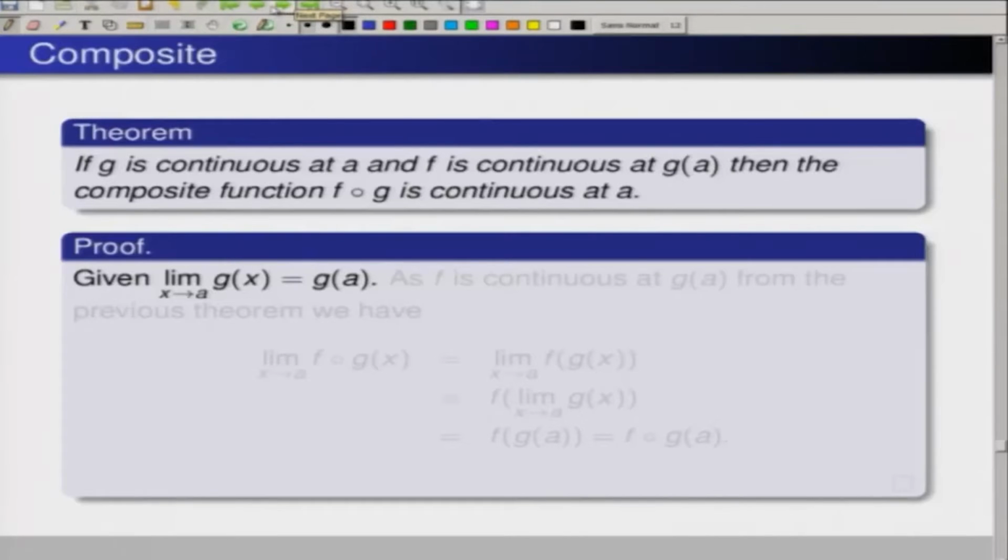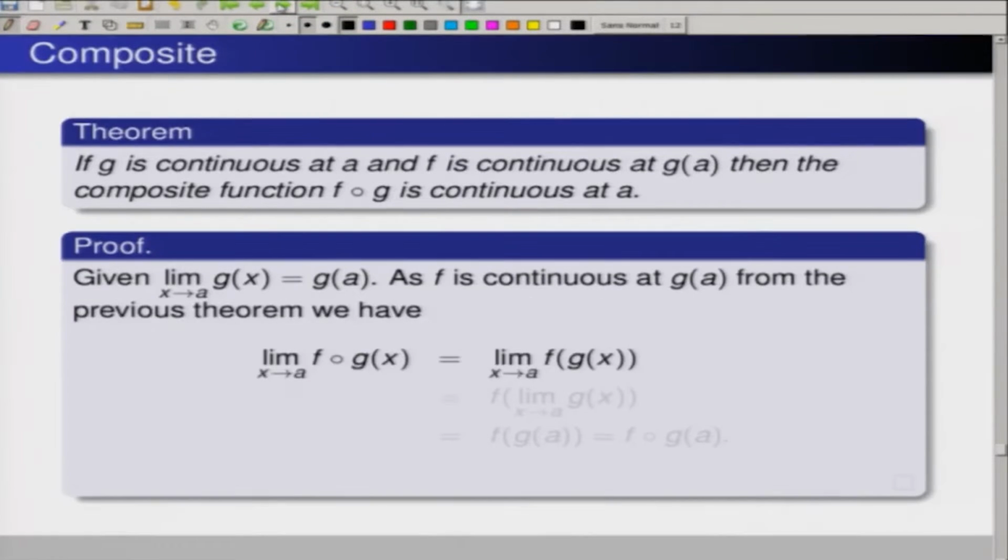That means what we want to show is that the limit of f∘g(x) as x goes to a should be f∘g(a). Now, what we have is, as x goes to a, g(x) goes to g(a), because g is continuous at a. f is continuous at g(a).